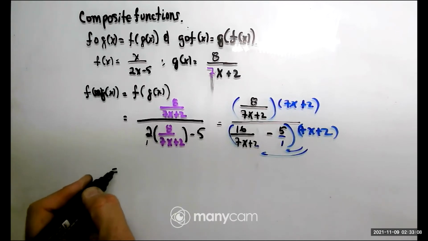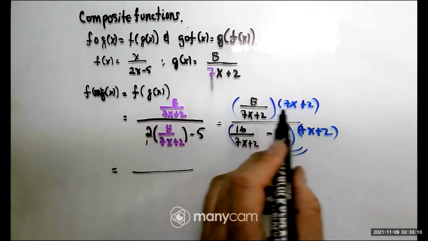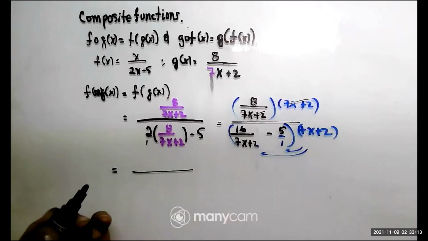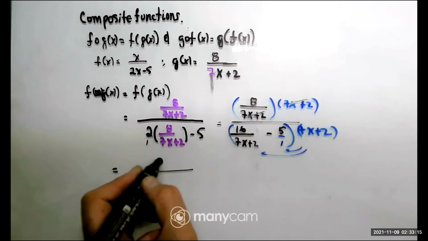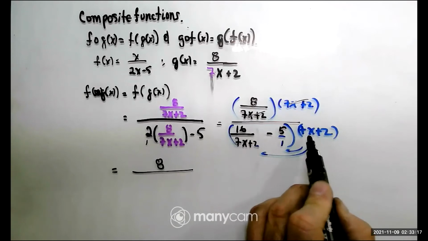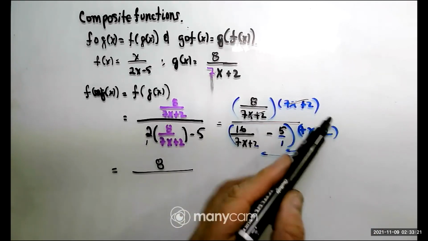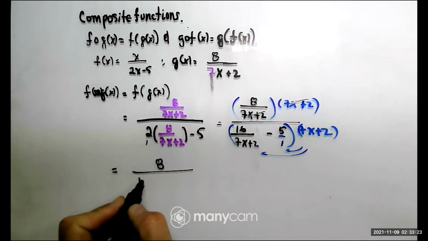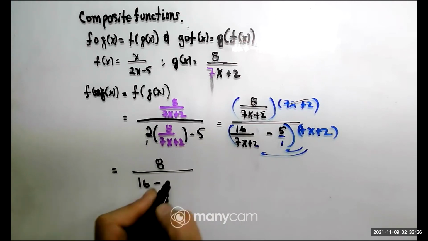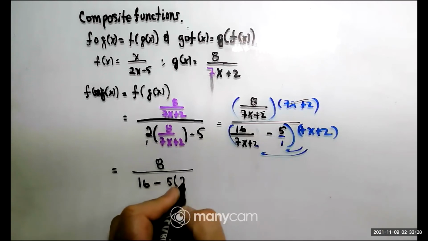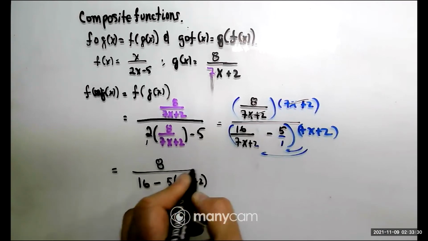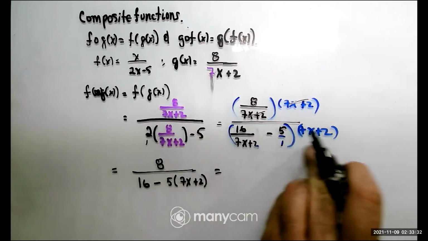You continue here on the side. So I have 7x plus 2 over 7x plus 2, so it'll be 8. When I distribute the 7x plus 2 times the first term, the numerator and denominator cancel, so it will be 16 minus 5 times 7x plus 2. We continue here on the side.